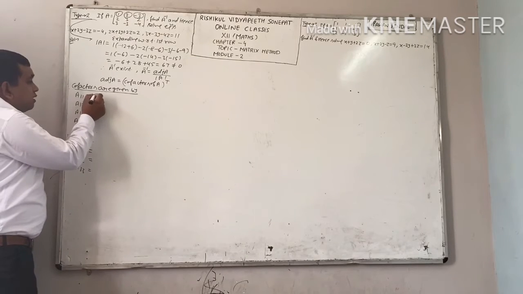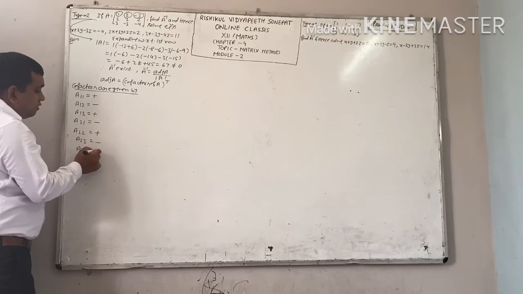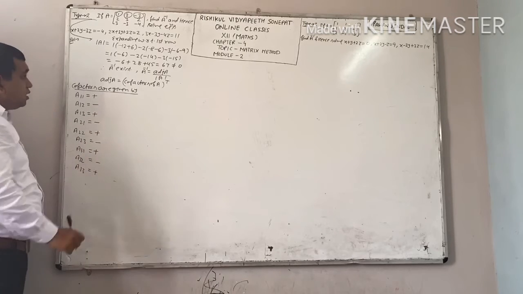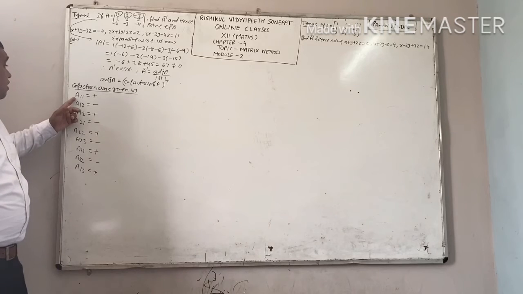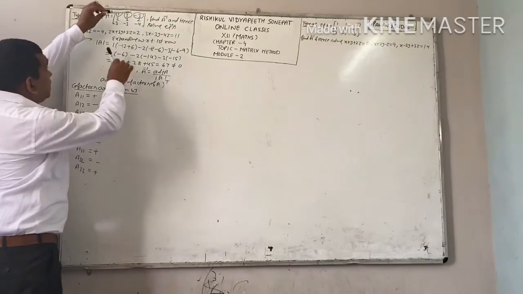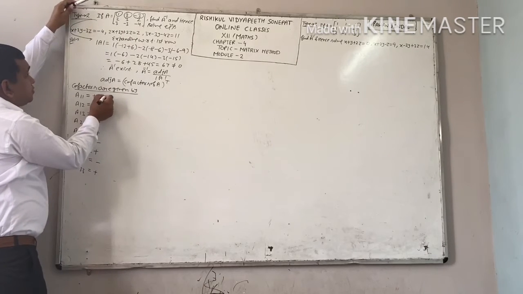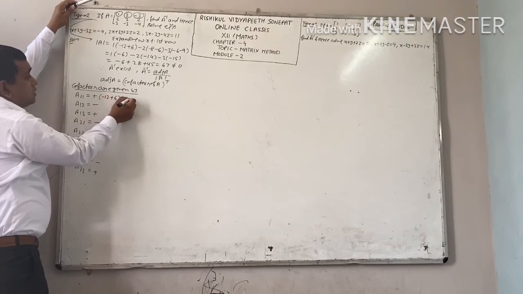Alternative positive, negative sign. Positive, negative, positive, negative, positive, negative, positive, negative, positive. Now, for capital A11, that is cofactor of small a11, cancel horizontal entries. This is your horizontal, this is vertical. See what is left. Minus 12 plus 6, this is your minus 6.